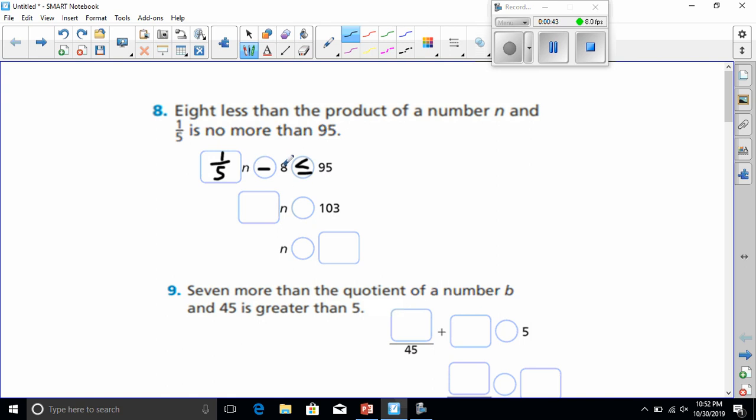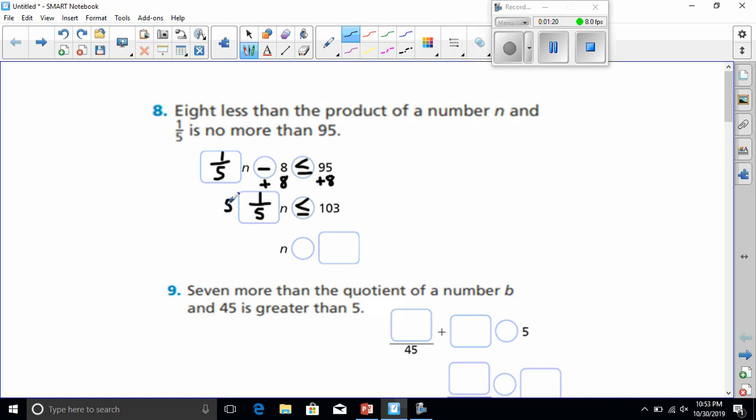Now I know that I'm going to go ahead and add 8 to both sides. And when I add 8 to both sides, that would give me 95 plus 8, which is 103. My symbol still comes down the same way. And since I got rid of this, this is going to still leave me 1/5 n. Now I know that I have to multiply 5 to 1/5, because that's really 5 over 1.